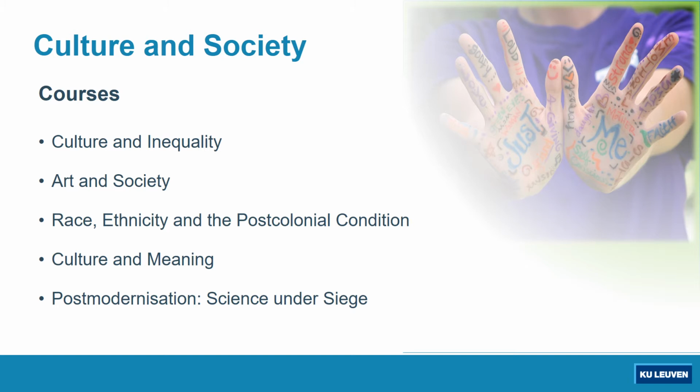And there is a course, for instance, about social and political conflicts pertaining to race, ethnicity, etc. There's a course on culture and inequality, which discusses culture's consequences for inequality, and there is a course about culture and meaning that studies culture as structures of meaning, basically, that can then have consequences for conflict, inequality, and whatever.